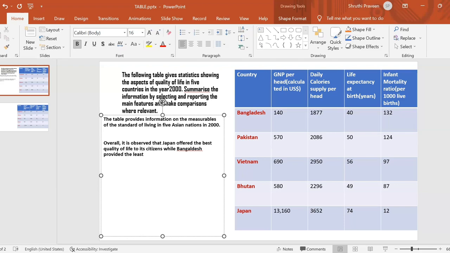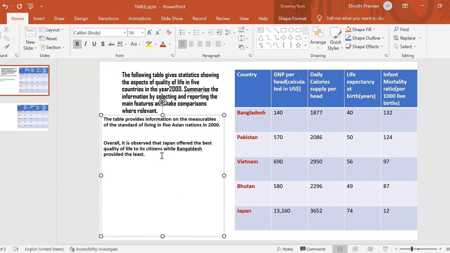Since all the numbers are the least for Bangladesh, we can safely write that it provided the least. No need to again write least quality of life. It's evident because we have already mentioned the quality of life in the earlier part of the sentence.